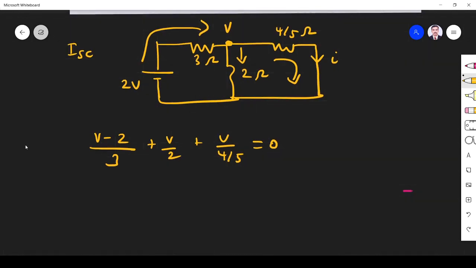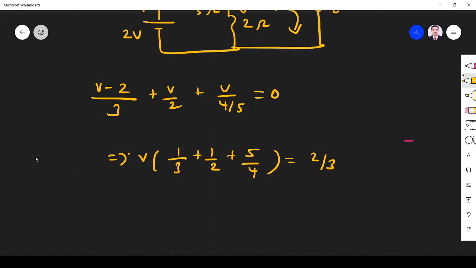If I take V outside, V into (1 by 3 plus 1 by 2 plus 5 by 4), and the 2 by 3 goes to that side. If I simplify this, V is 8 by 25 volt.